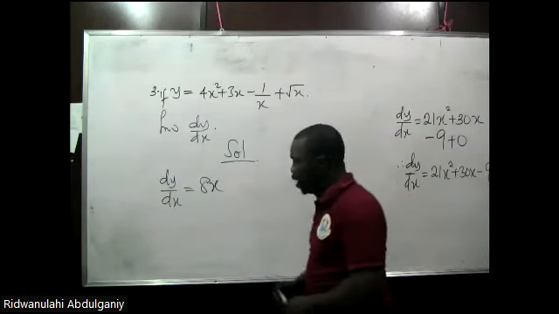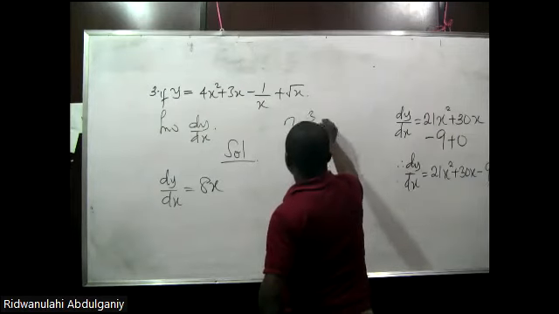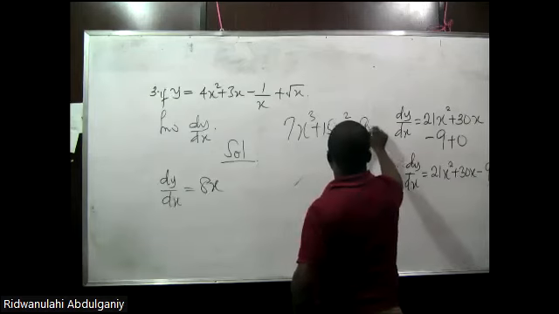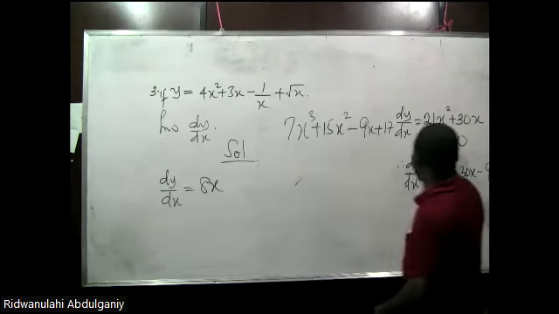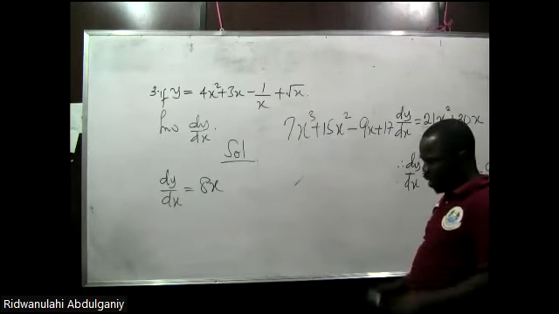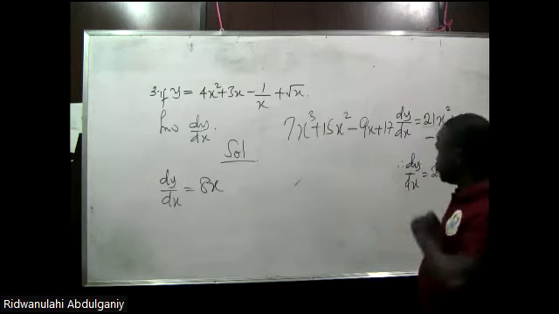The question was 7x cubed plus 15x squared minus 9x plus 17. Do you understand how we obtain 21x squared? Yes, sir. 7 times 3. Okay.